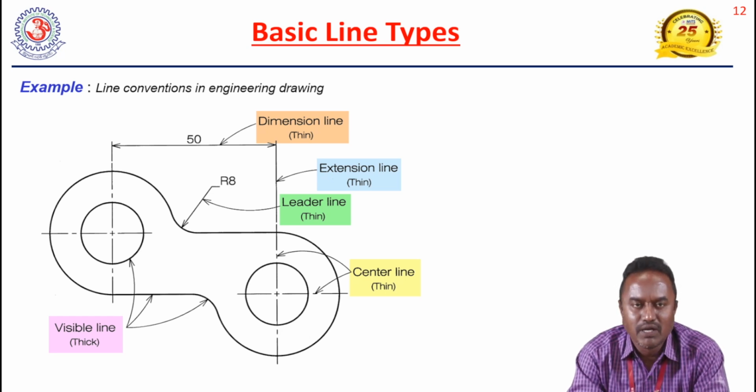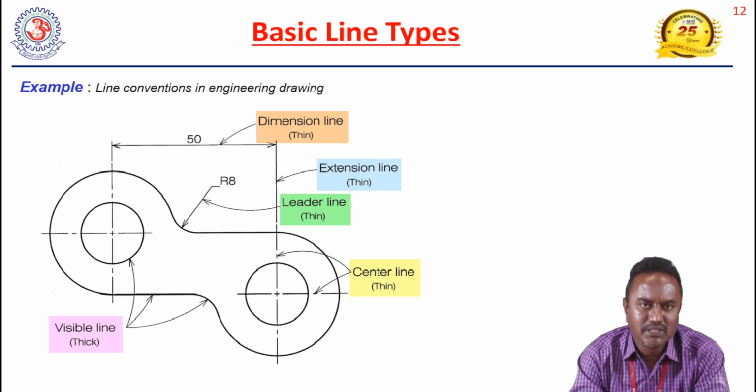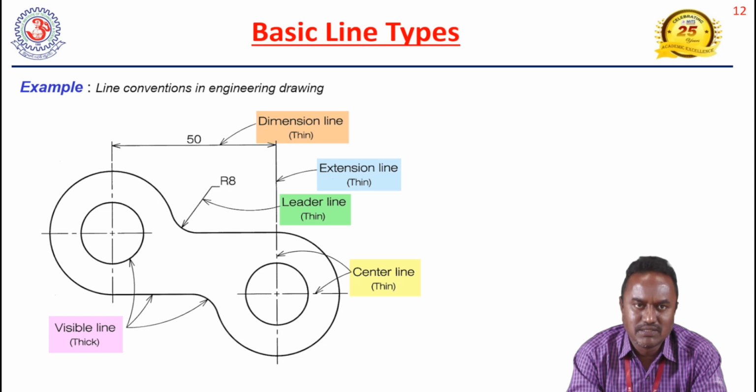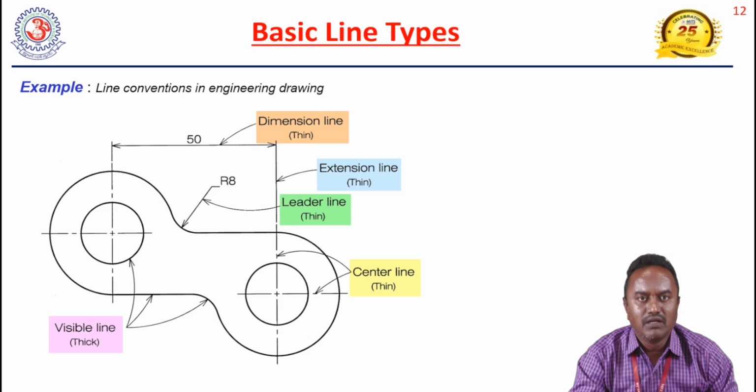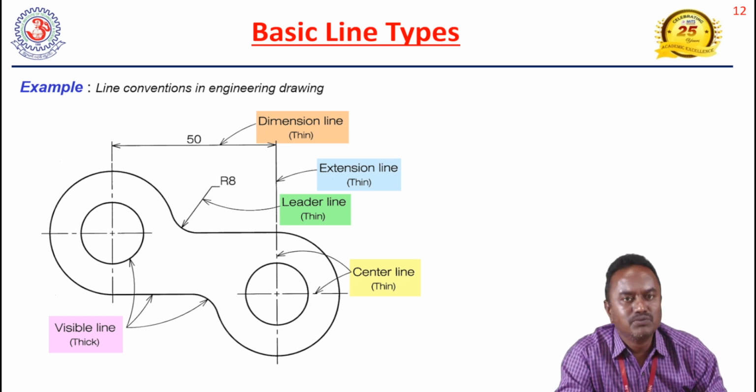There are different dimensioning systems, but anyway we need to highlight the dimensions by means of dimension lines. While drawing the dimension line, we need to concentrate on the extension line also, that is also a very thin line. Then the leader line. The leader line is for representing the diameter and radius values, as well as the center line for the central axis, the horizontal and vertical axis. So this is an example of different line types and how they are used in drawings.